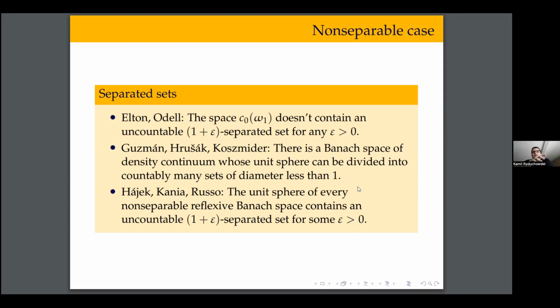This result shows that strong isomorphic properties, such as reflexivity, force some isometric properties, such as having large 1+ε separated sets.